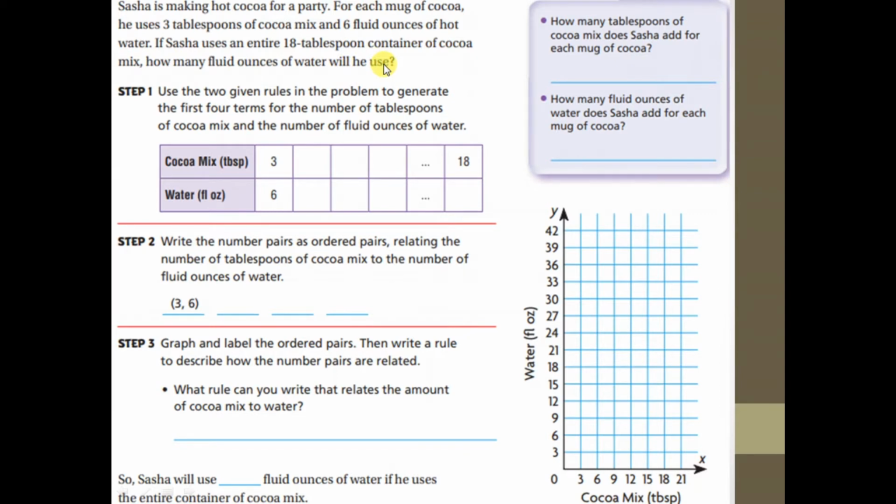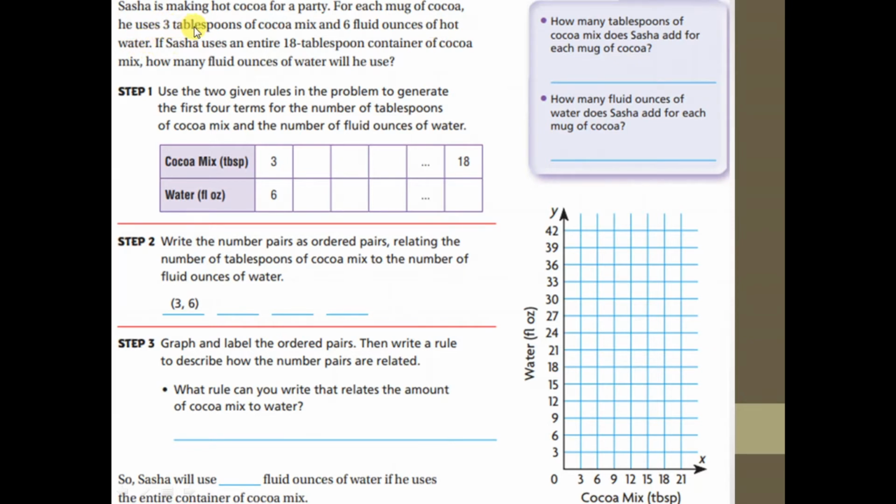So what we understand from this context is that the first pattern is the number of spoons of cocoa. Every time he used 3 tablespoons of cocoa, he mixed it with 6 fluid ounces of hot water. So we skip count here.